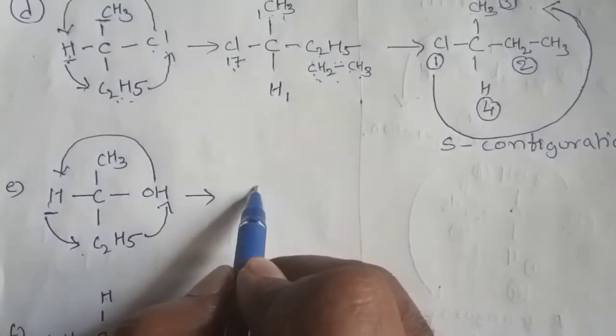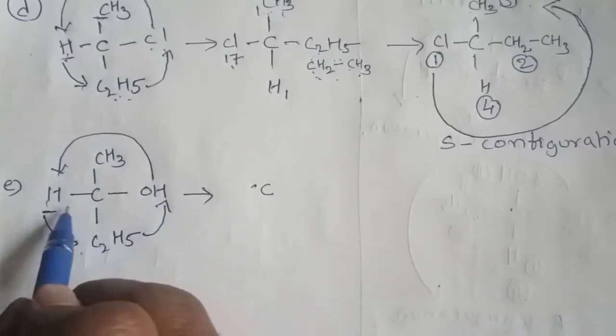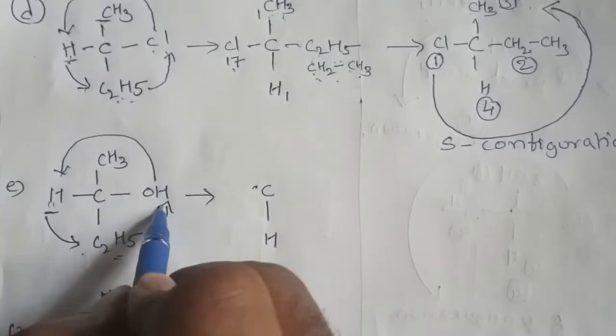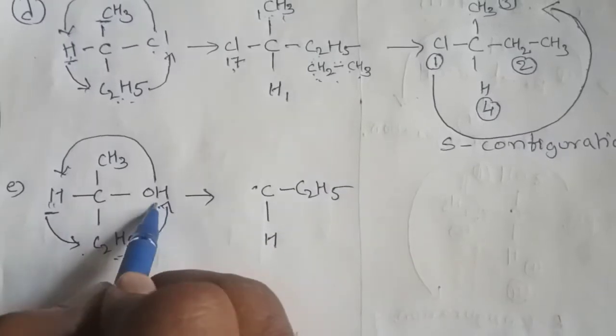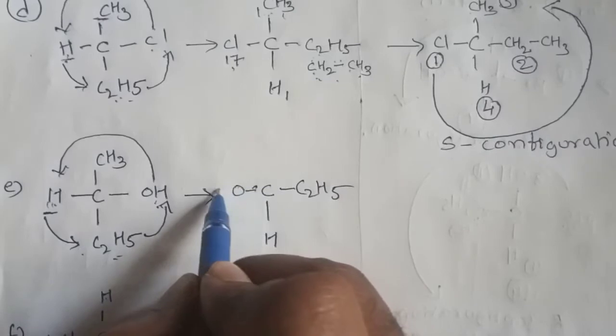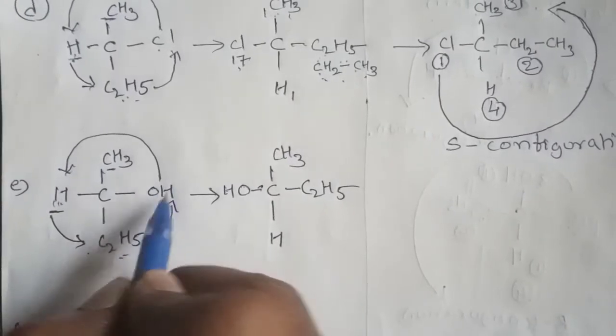So in this case, carbon, this hydrogen shifted to here, then it is hydrogen. This group shifted to this place means C2H5. This group jumped directly from this place to this place, then it is OH, and this is CH3. We should not disturb this group while rotating.